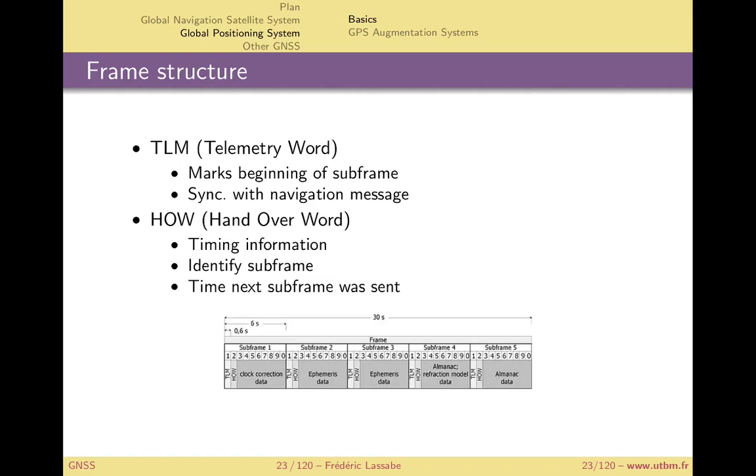It is then followed by the handover word, which contains timing information, allows you to identify the subframe and to tell at which time the subframe was sent, so the rest of the subframe.